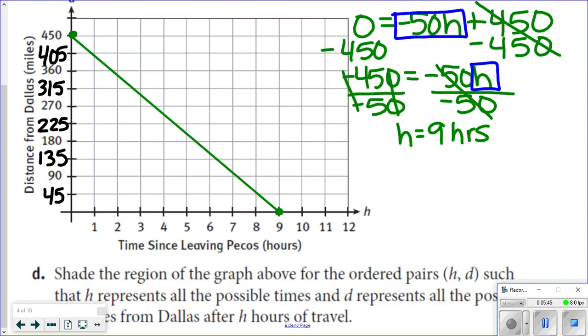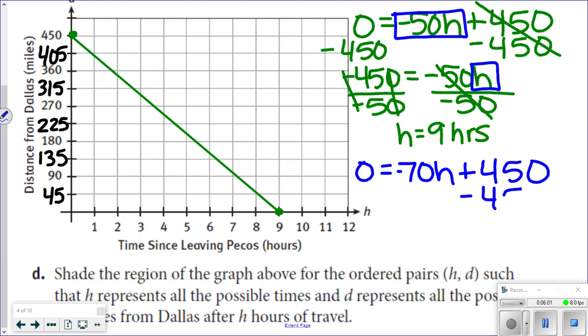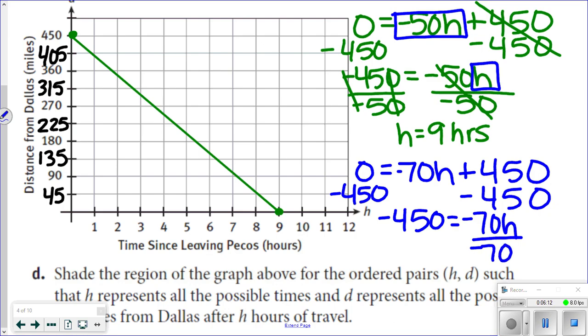So now we're going to do the same thing for our other equation. Go ahead and pause and solve for h. We get a decimal this time. 6.428.